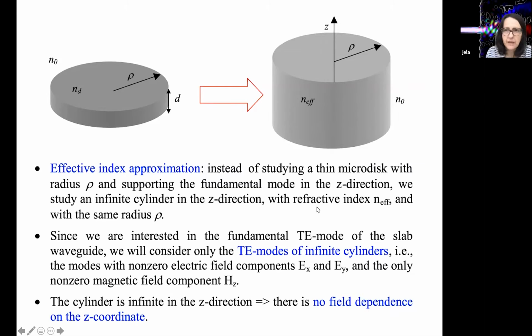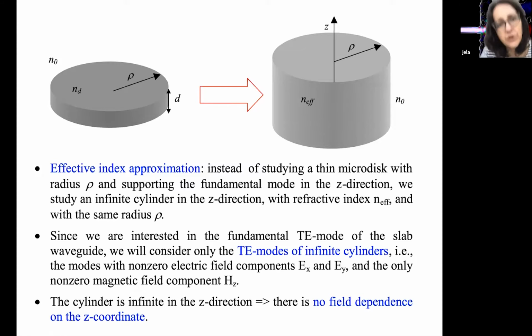And we're primarily interested in TE modes of these infinite cylinders, which would correspond to TE-like modes of these slabs. TE modes of a cylinder means that you only have transverse values of electric field. If you consider Z as the direction of propagation, you would have only E_x, E_y, and H_z, the magnetic field in the Z direction.